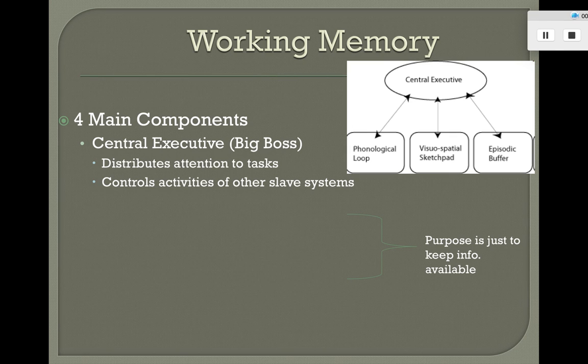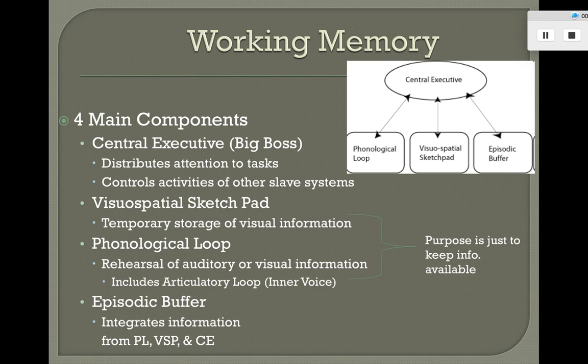It's going to be delegating to the other systems what they have to do in terms of paying attention. So who gets what percentage of attentional resources? Is the phonological loop going to receive a certain percentage, the visual spatial sketchpad, the episodic buffer? How is that attention resource going to be distributed across these three systems?